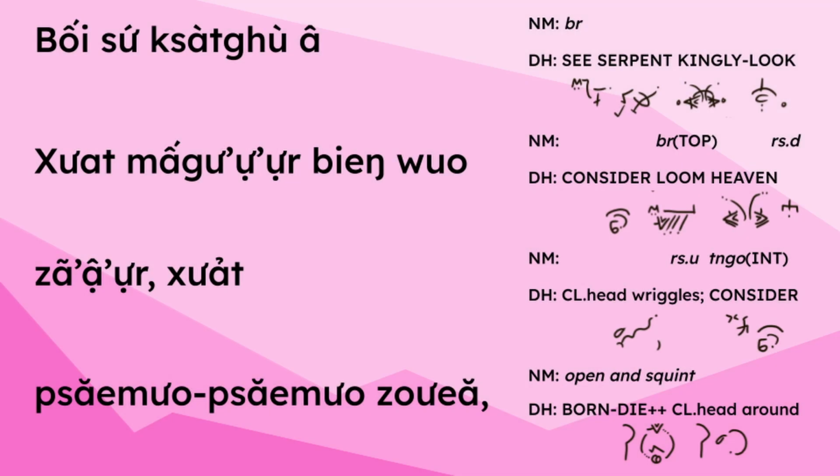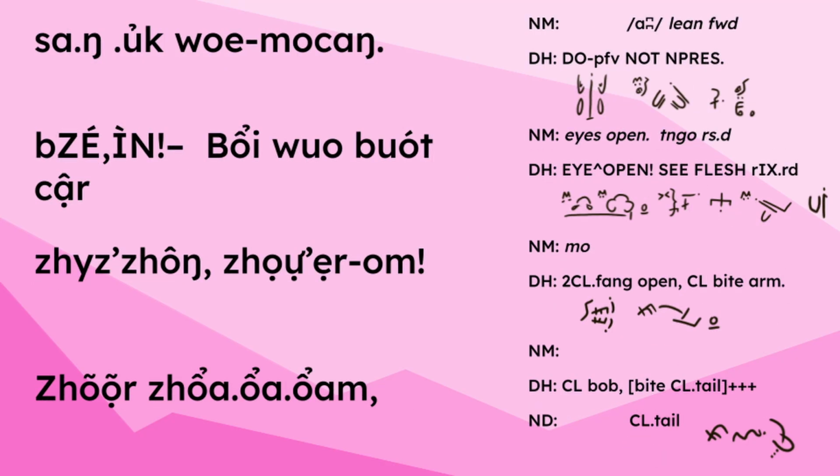Buisuk satkoa, klut magur, bieng wo zaur, klut, psaimo zoya sang uk woimotsang. Zain! Boy wo tsar zhizhong, zor, om.